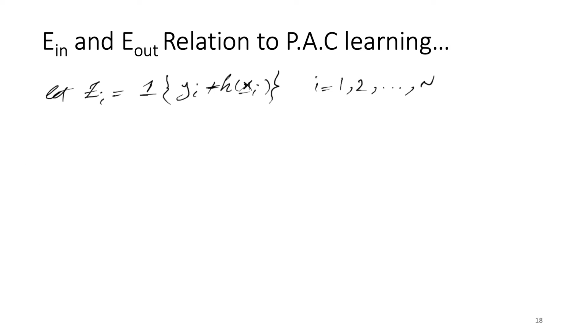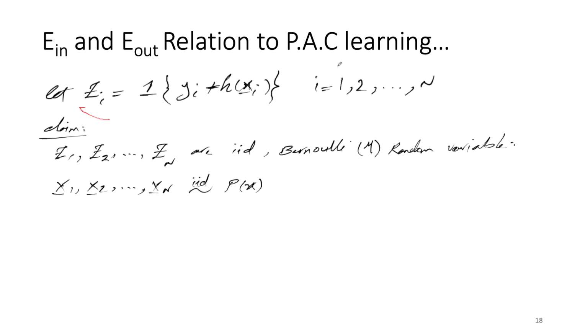Now, we have all these z's for all of those n's because we had n draws. The claim is that when we have n z's, z1 up to zn, they're coming from an IID Bernoulli(mu) random variable.